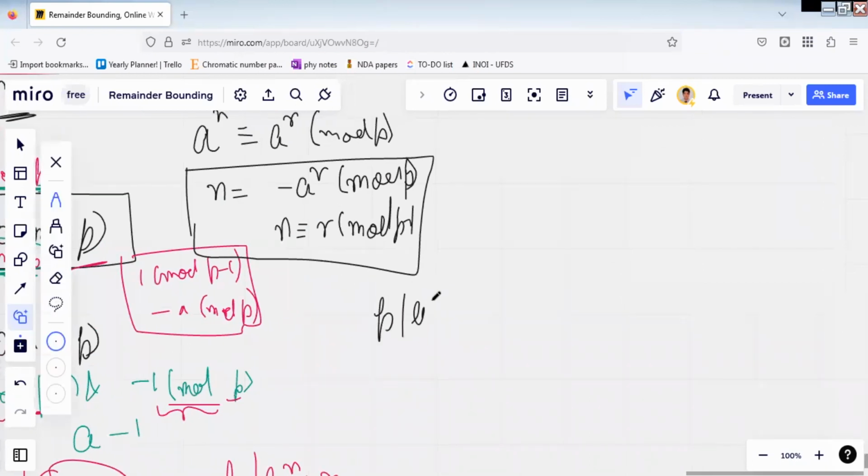So now we try this with these two conditions, p divides b to the power n plus n. B to the power n plus n will be congruent to b to the power r minus a to the power r mod p.